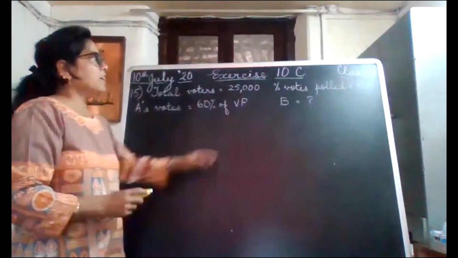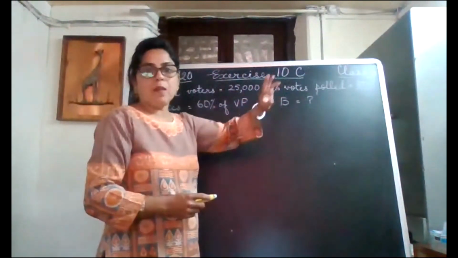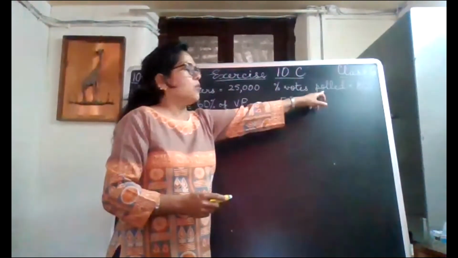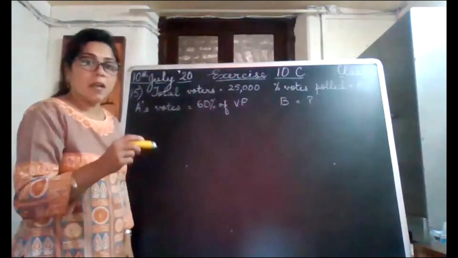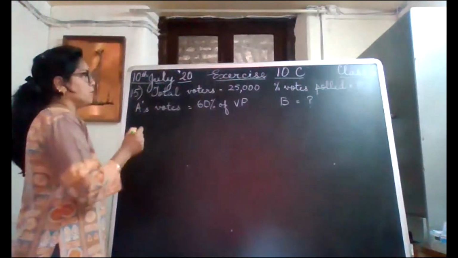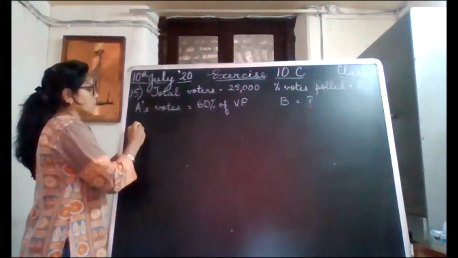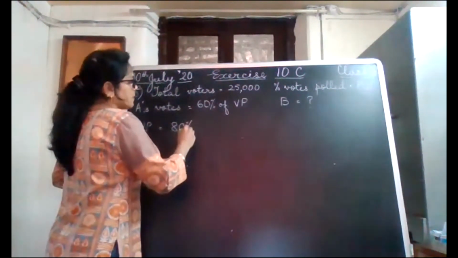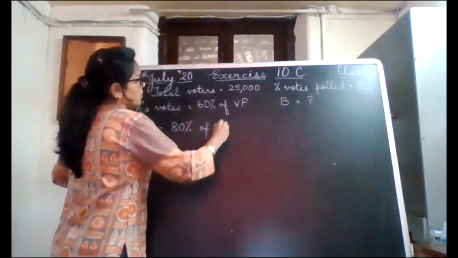So first of all, we need to know how many people polled. So if we know the percentage of votes polled, we can very easily find out the number of votes polled using the find the value. Okay. So to find out the votes polled, what will you do? You will do 80% of the voters.